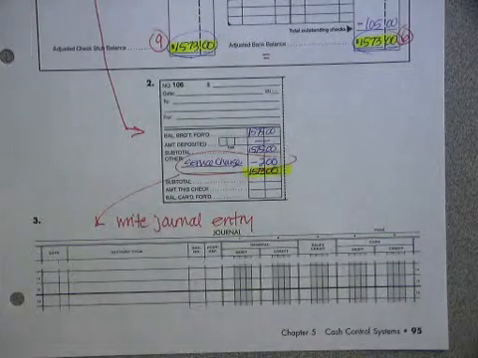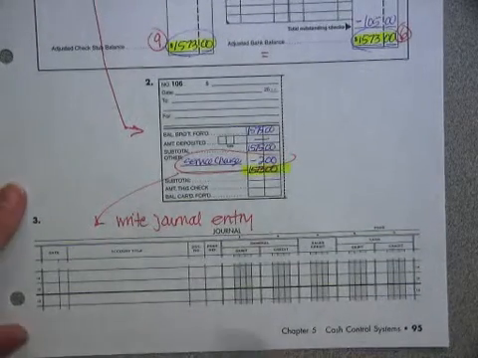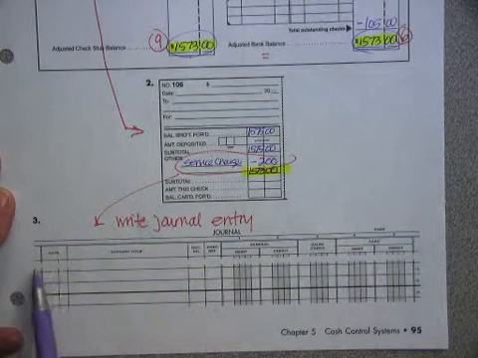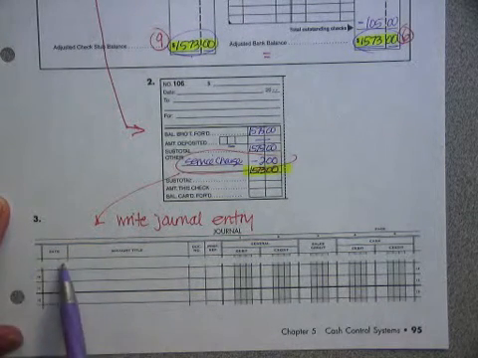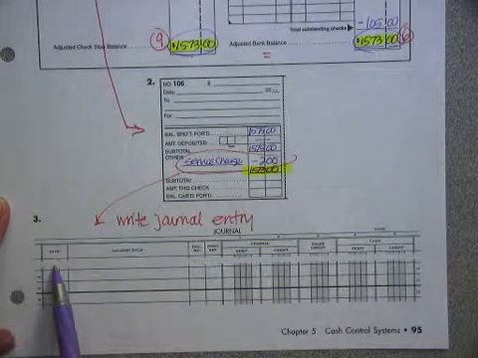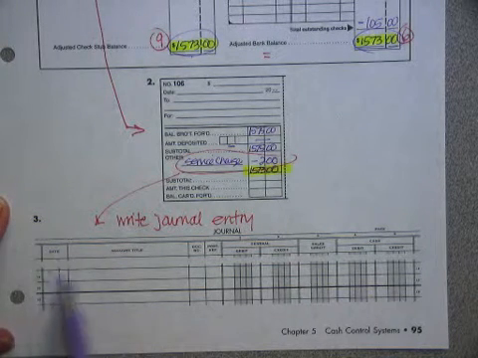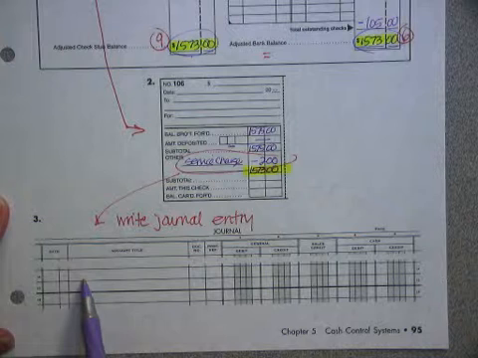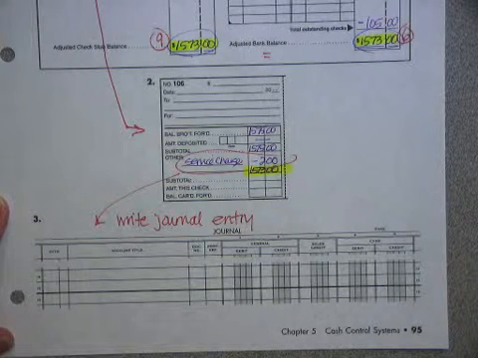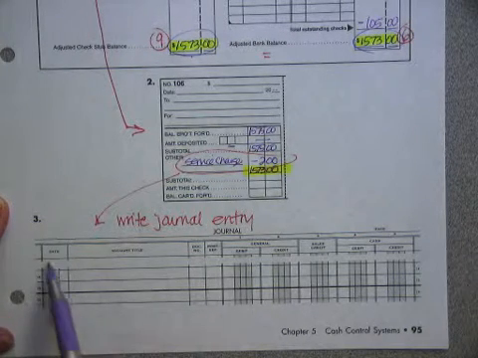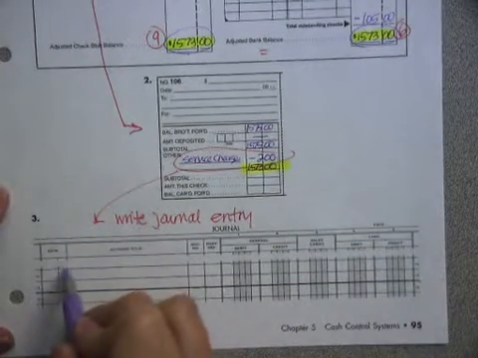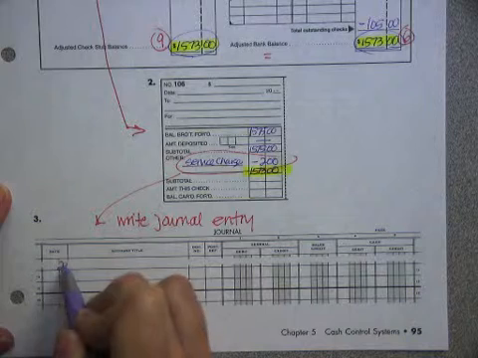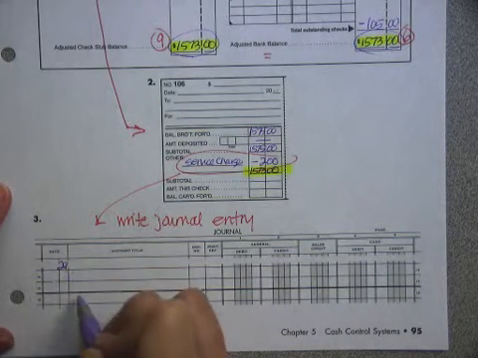I don't know if you have seen this before, but when there's a little gap on forms that they give you, it just means that this is the next line available to write on. You don't need to see what was recorded up above. So we're going to assume that the year, the month, and the day were already up there. We're just going to put today's date, and that's the 29th of July.